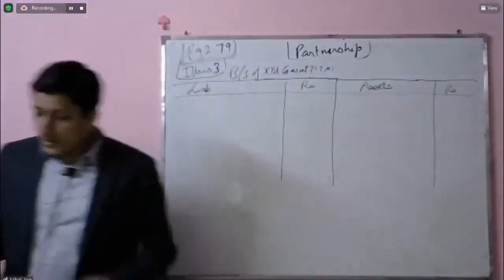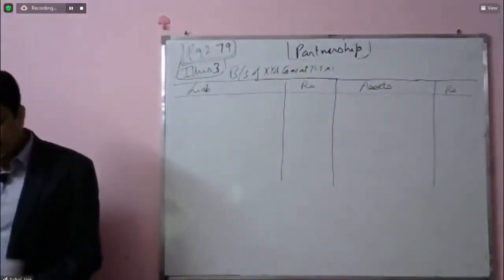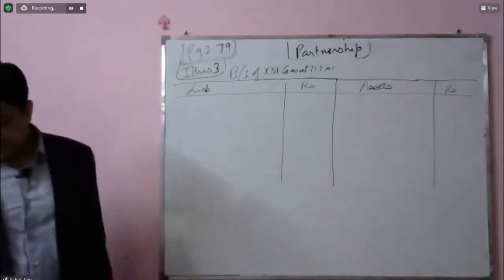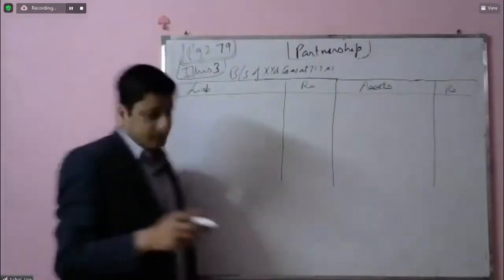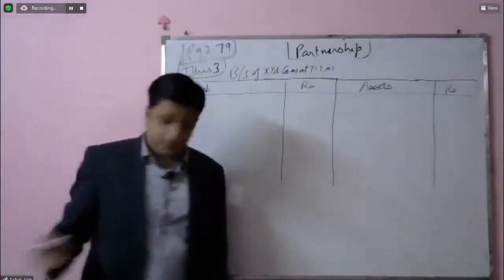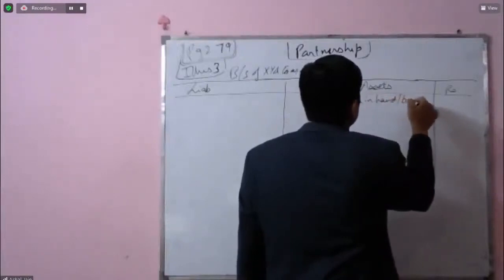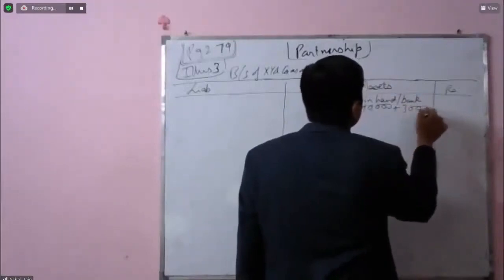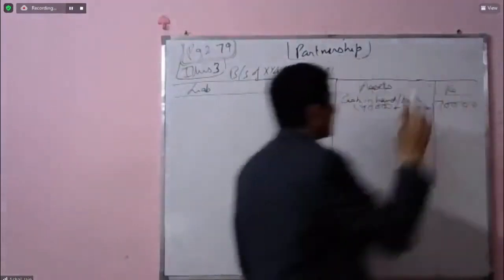So let's see what all amounts will come here. Cash in hand and bank. This was 40,000 and 30,000. So 40,000 plus 30,000 becomes 70,000.